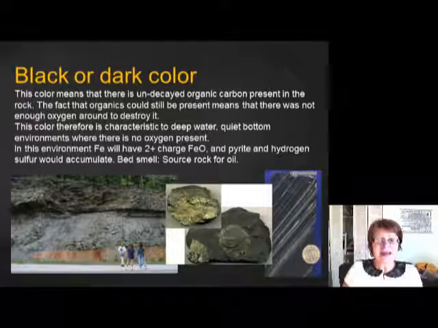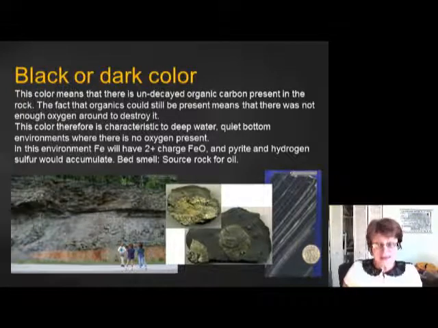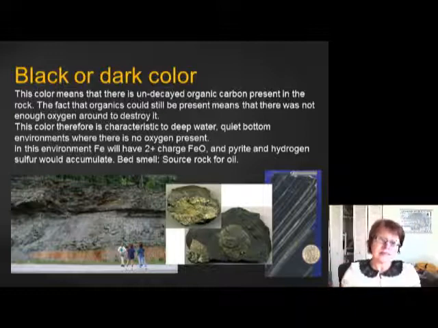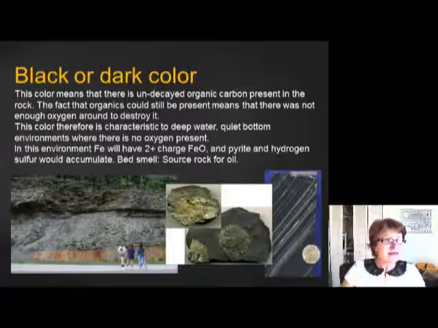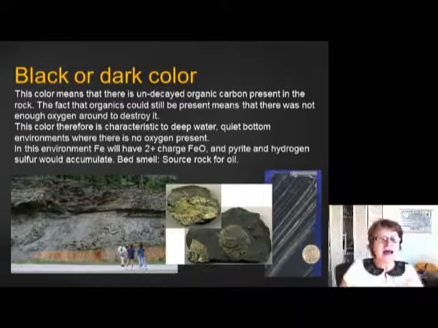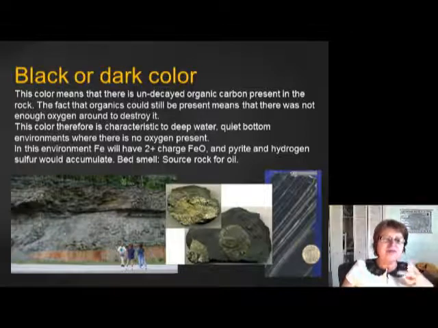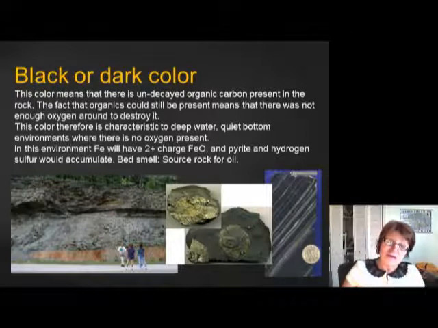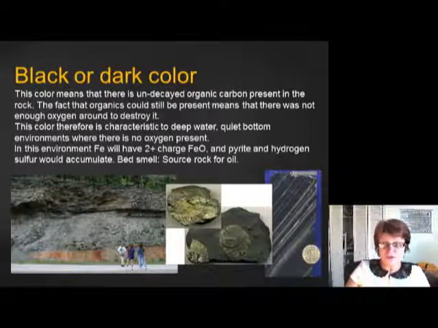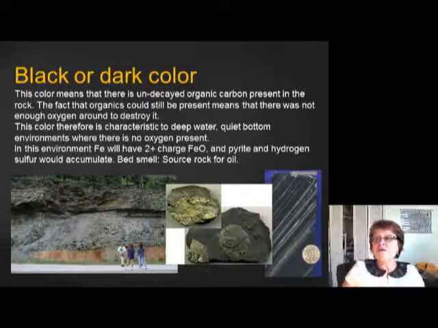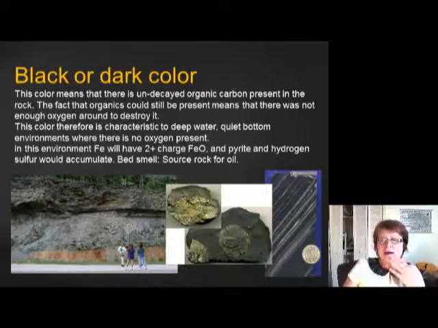So the fact that they are still present means that around these environments there was no oxygen. If there is no oxygen present in these environments, the iron will have two positive charges, and it will form minerals in that way, like pyrite, that's FeS2, and hydrogen sulfide would accumulate.